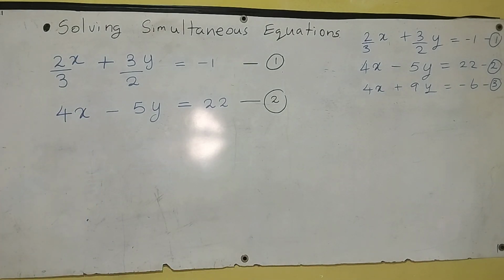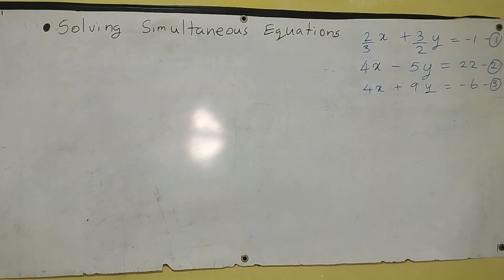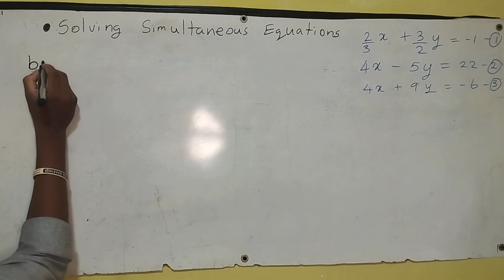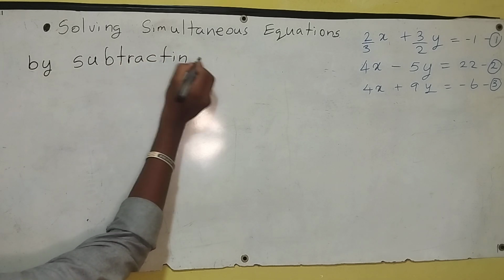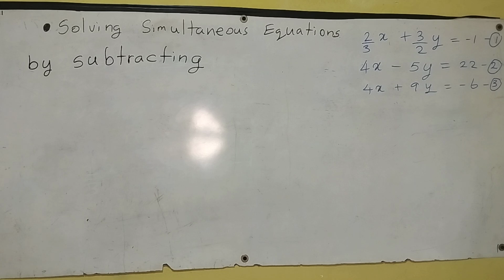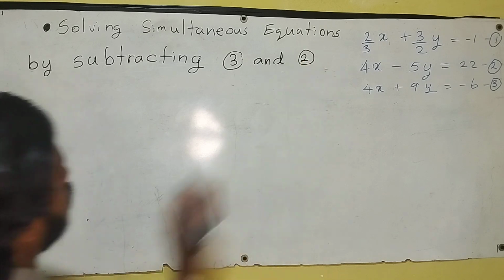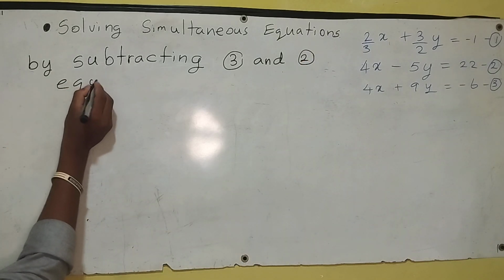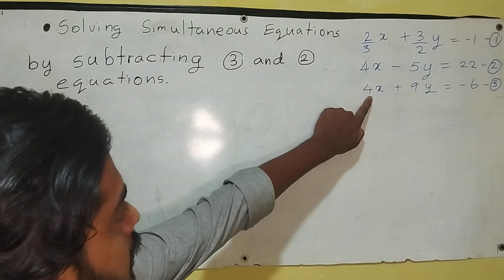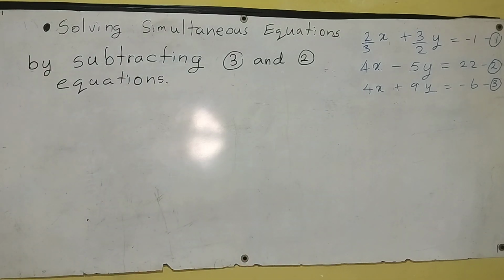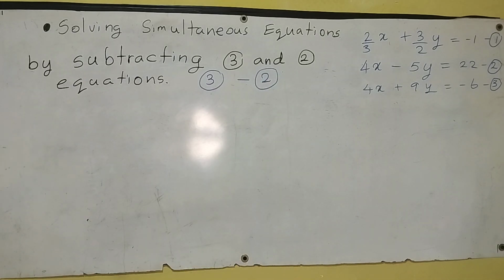Now, first step, by subtracting the 3rd and 2nd equations. Three minus two.